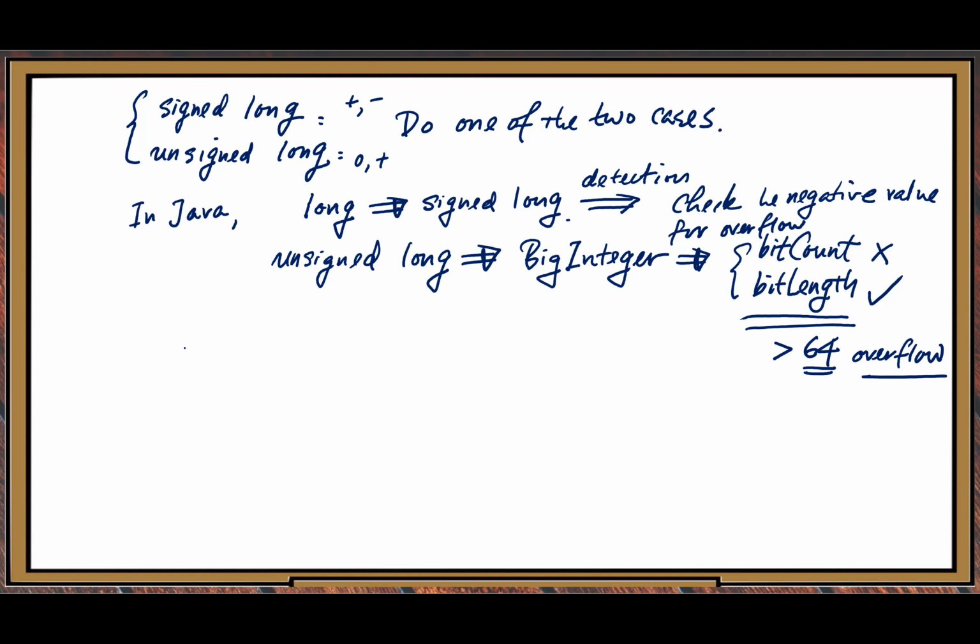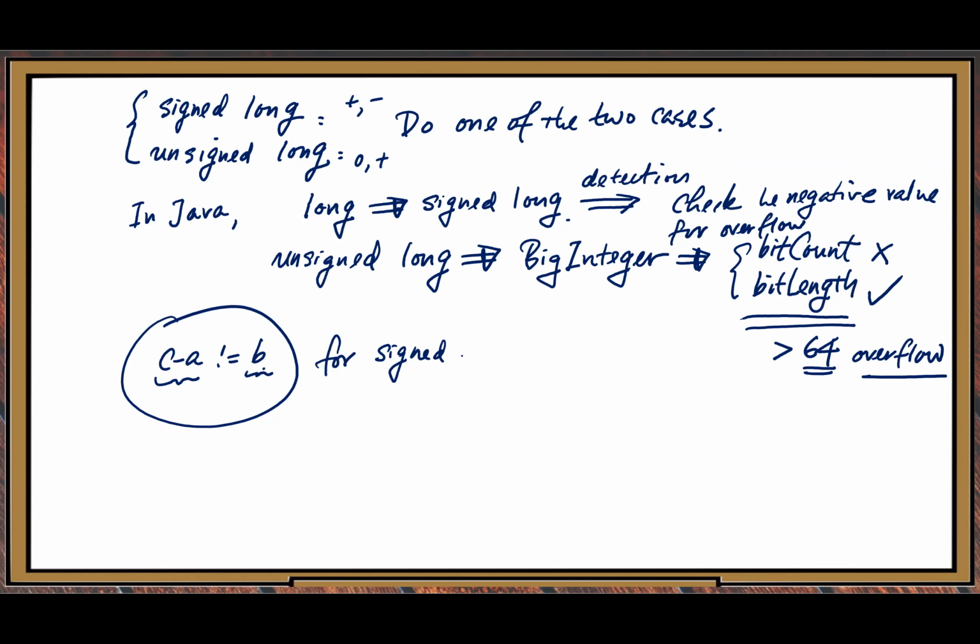A student told me it doesn't work, and I checked it myself. That is using C minus A and checking whether it is not equal to B. The experiment result tells us that even when there is an overflow, C minus A still equals B, so this method couldn't detect it for the signed case.